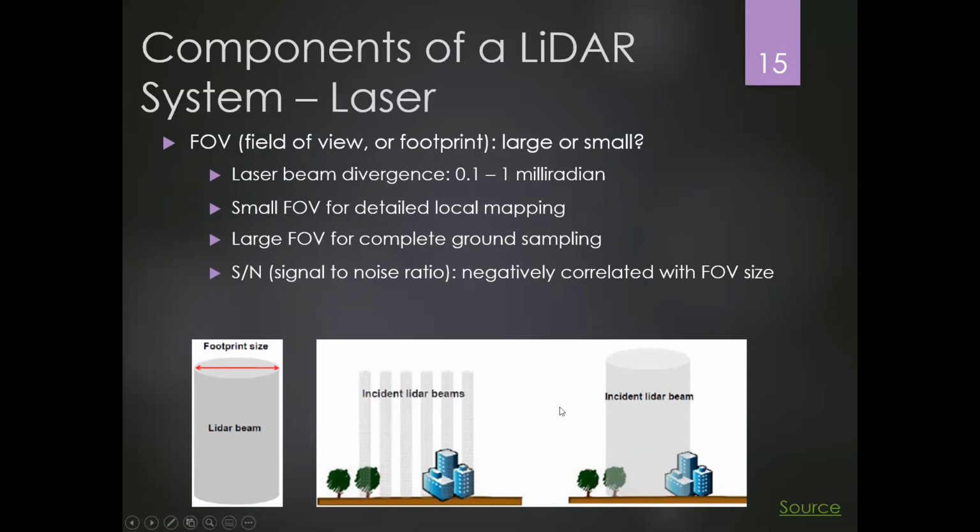If we use laser beams with larger size, we can use one single beam to cover larger area, but less detail can be detected by your sensing system, by your LiDAR system, because within a laser beam, there are multiple objects, and one beam can only provide one signal.